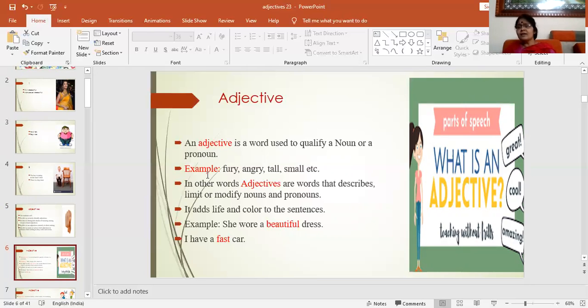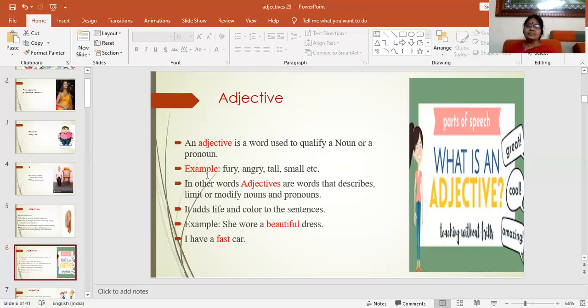I have a car is as well correct. But when I say I have a fast car, I'm talking about the features of my car, which is a fast car, right? So modifying the noun or pronoun and giving some more information and adding color to the sentence.